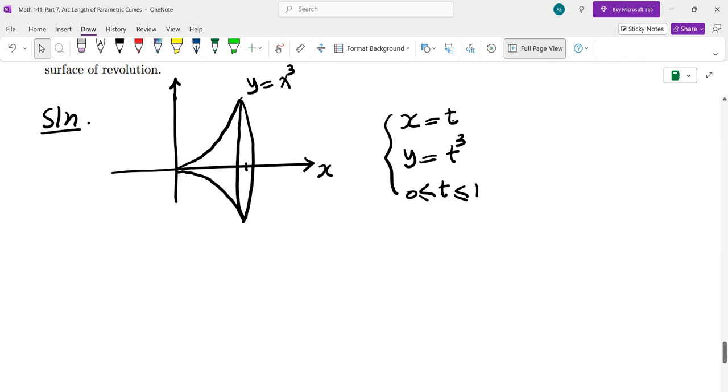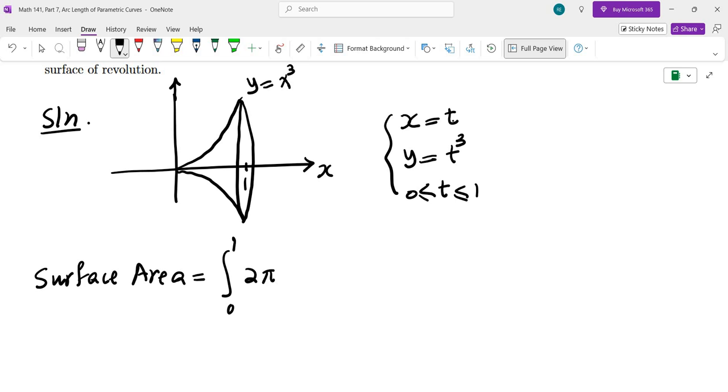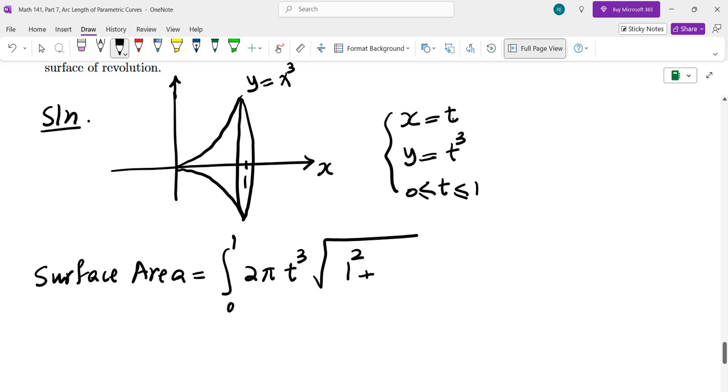Next, we're going to write down the surface area. The surface area is going to be an integral. They told us that x goes from 0 to 1, therefore t also goes from 0 to 1. 2π times the radius, the radius is t cubed, times the square root of (dx/dt)² plus (dy/dt)², dt.